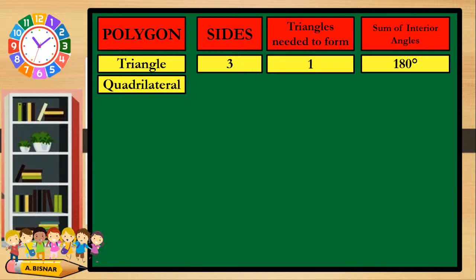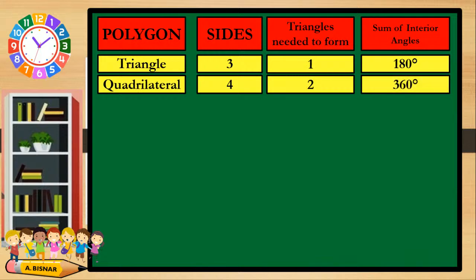Kapag quadrilateral, okay? Ayan si Villarino. Quadrilateral has 4 sides and the triangles needed to form a quadrilateral are 2. And the sum is 360. So your answer is correct.